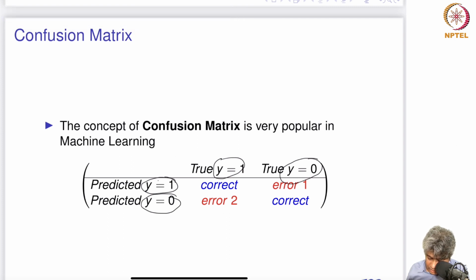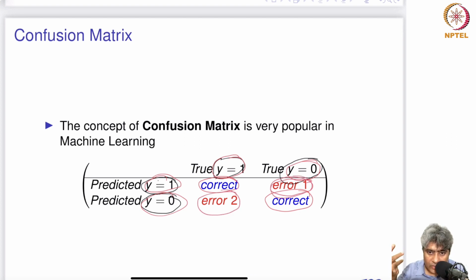If it is indeed y equal to 1 and predicted y equal to 1, then it is a correct case, or y equal to 0 and predicted 0, then it is a correct case. Now these two are correct cases, but the problem is these two, error 1 and error 2.